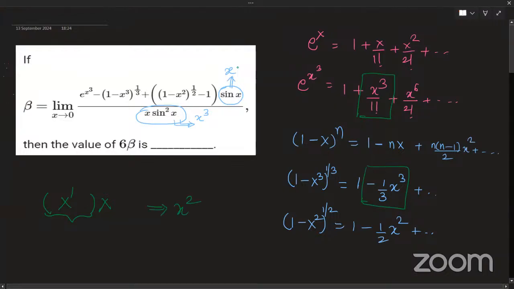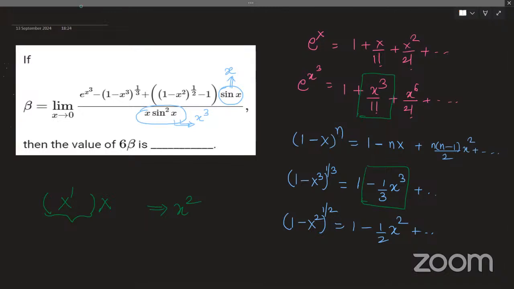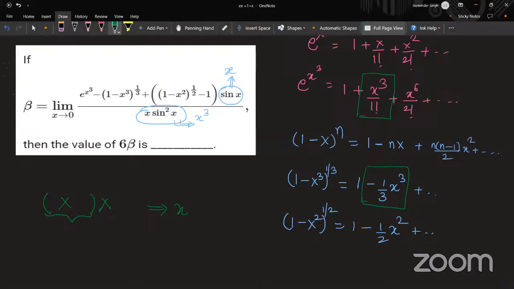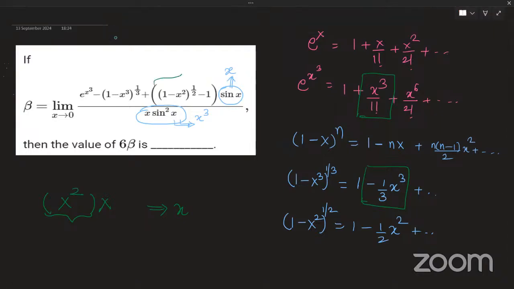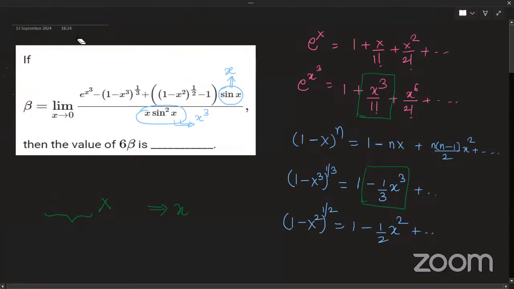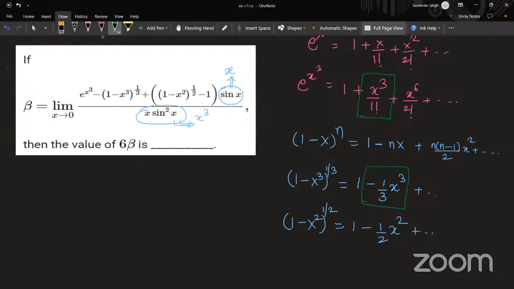Am I looking for x square? Yes, x square, correct. Because whatever power inside this bracket gives me x square, it will get multiplied by x and give me x cube. Do you all agree with this? Yes, sir.